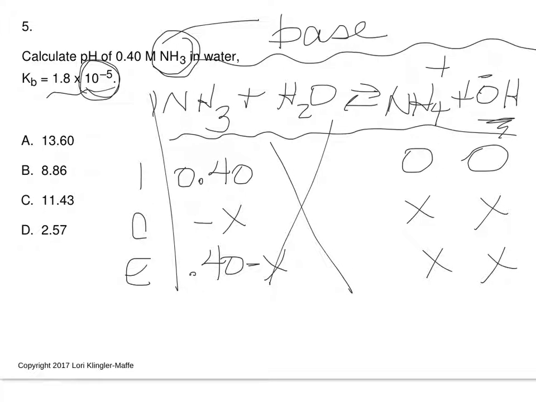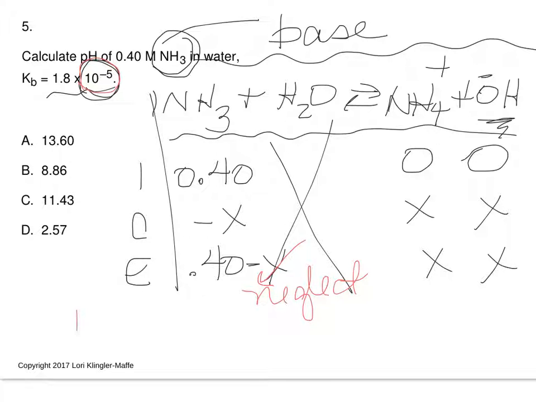Well, the Kb, notice it's Kb. If I would have tried to trick you and given you Ka, you would have had to convert from Ka to Kb. So make sure you know how to do that. In this case, I didn't. It is safe to neglect X because the Kb value is more negative than 10 to the minus 4.